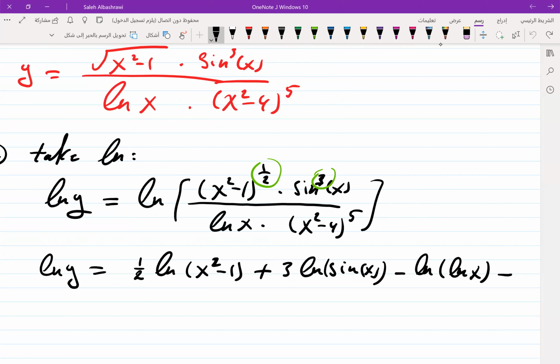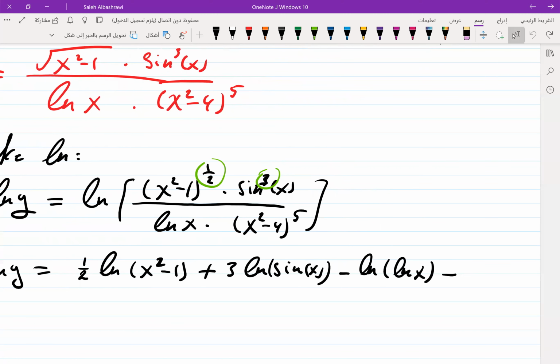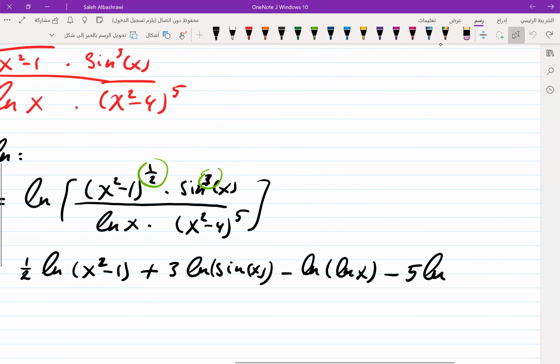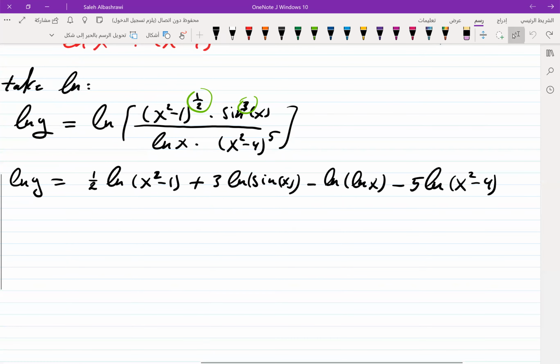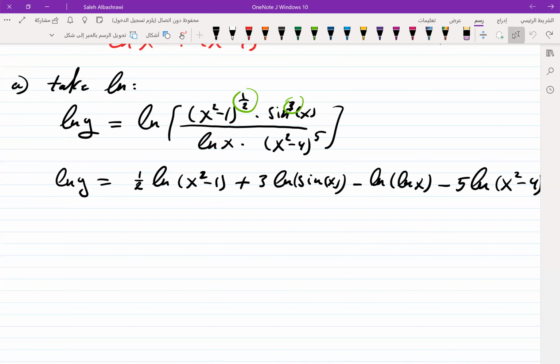Anything in the denominator, in the division part, will be negative. So if it is divided by, then by the properties it is minus ln. So the denominator will be minus 5 ln of x squared minus 4. So this is the right hand side after we use the properties of logarithm.